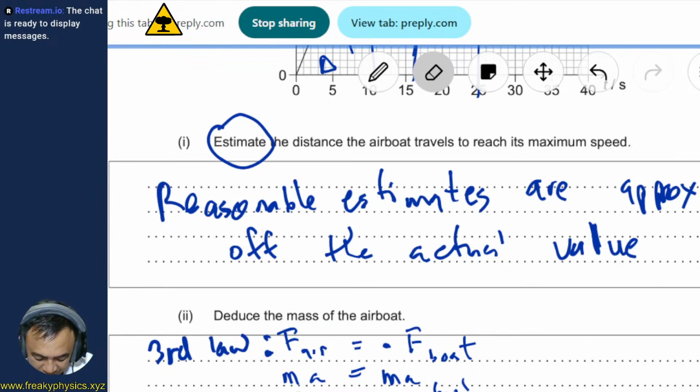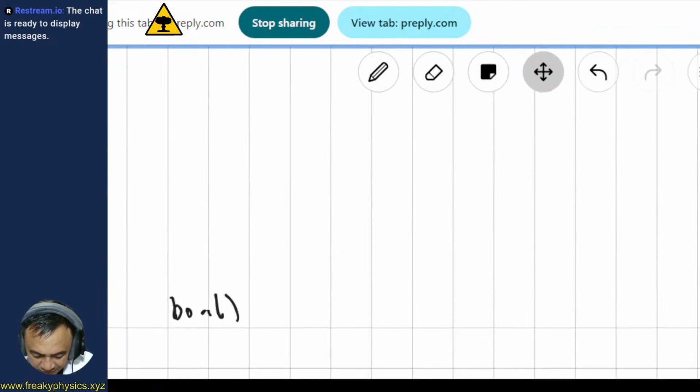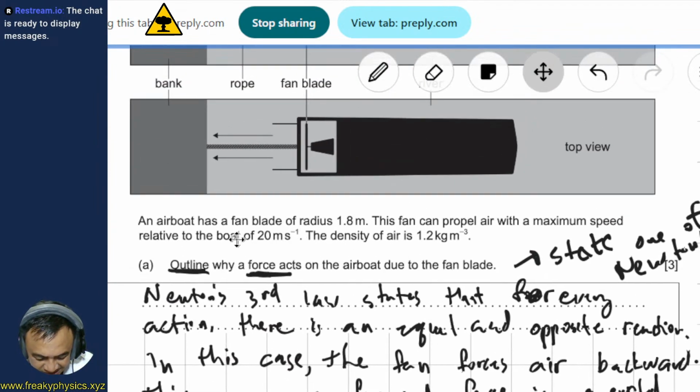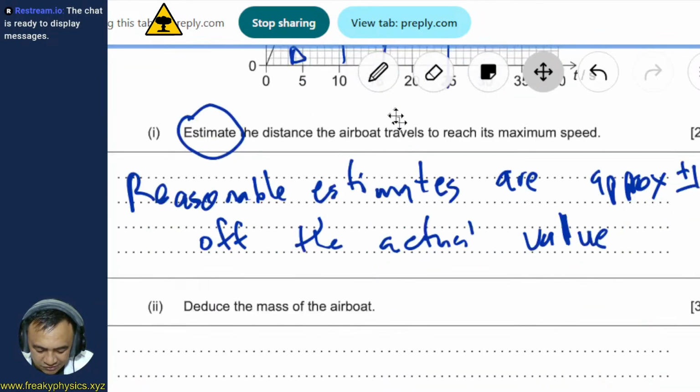The next part here would be the change in the velocity, the thing in the bracket that we didn't write yet. Because that's a change in the velocity, we're now going to look into both the graph and the given information. So going back up here, for the air, it starts from rest and then goes to 20 meters per second. So that's 20 minus 0 here. Okay, so let's write that here.